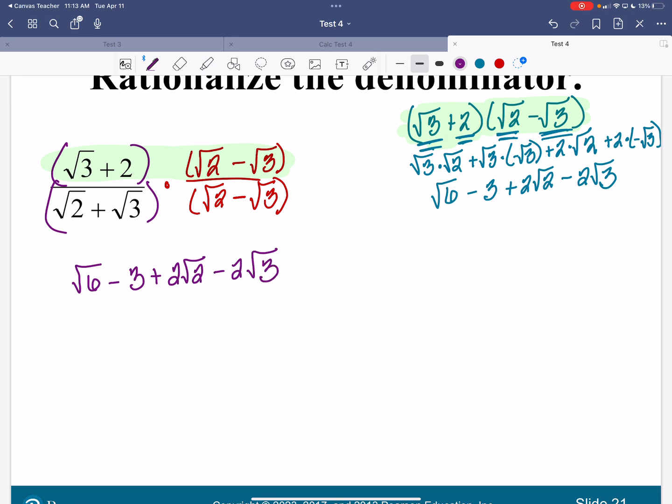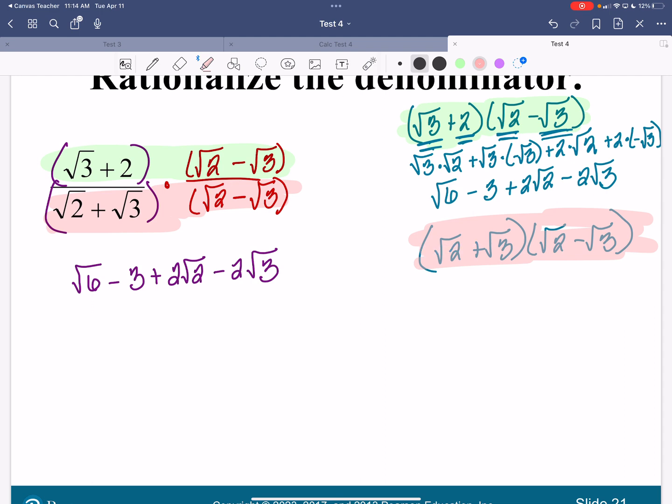Okay, now I'm going to focus on the square root of 2 plus the square root of 3 times the square root of 2 minus the square root of 3. Okay, so this is what I'm doing here. Okay, and I'm going to FOIL. So I have the square root of 2 times the square root of 2.